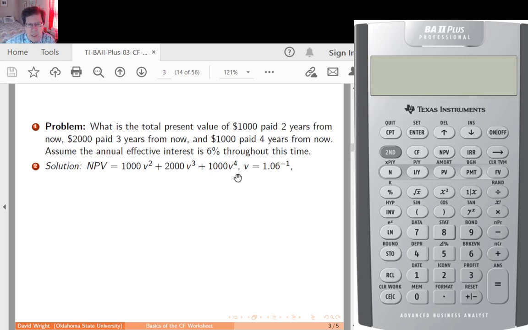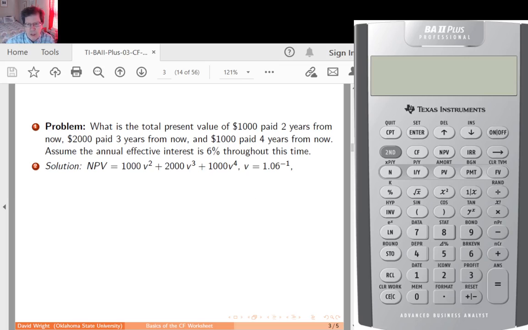And V is the 1 year present value factor for 6%, so 1 over 1.06. And that's easy enough to do with algebra, but it saves a little time to use the cash flow to work out this value. Okay, so let's do it.